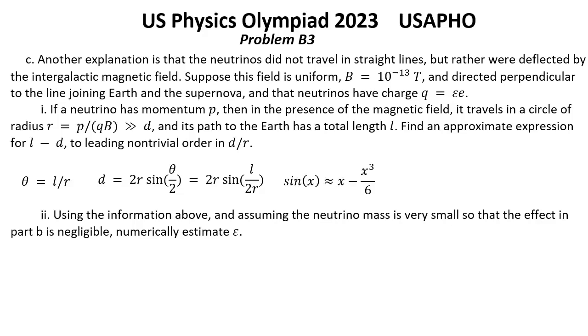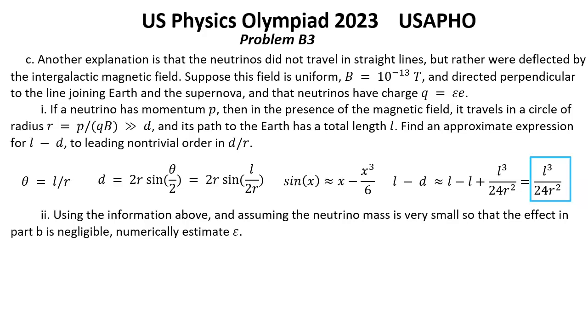Then Taylor expanding for small x, sine x is approximately x minus x³ over 6. So we have L minus d approximately equal to L³ over 24r². That was the solution for question 1 from part C.